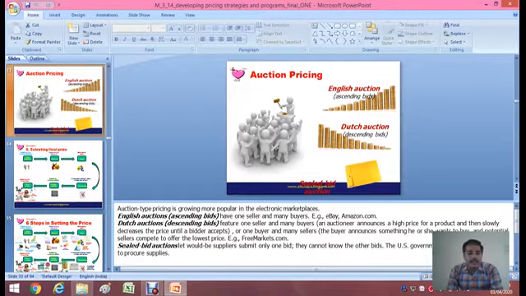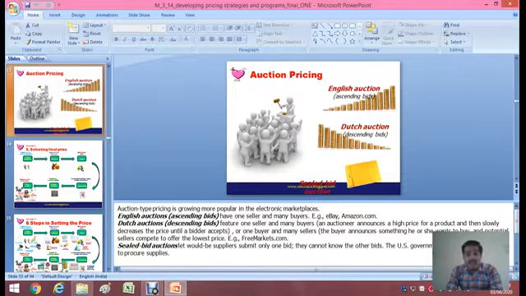Then sealed bid auctions, the third method of auction pricing. In sealed bid auctions, suppliers submit only one bid, and they cannot know the other bids. So suppliers submit a bid, that is, they give the price that this is our price for the particular product, but they do not know the prices of the other suppliers.